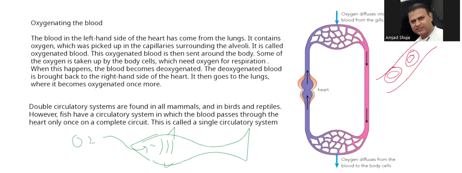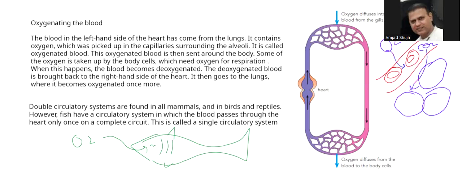The water has maximum oxygen, but the capillaries in the gills have maximum carbon dioxide, or deoxygenated blood. So oxygen diffuses in and carbon dioxide diffuses out.